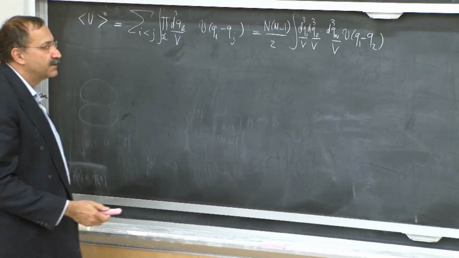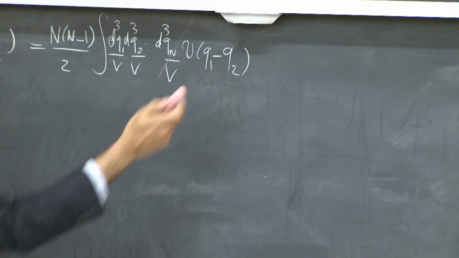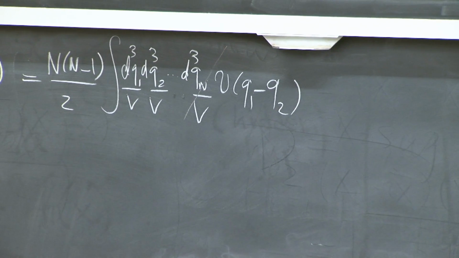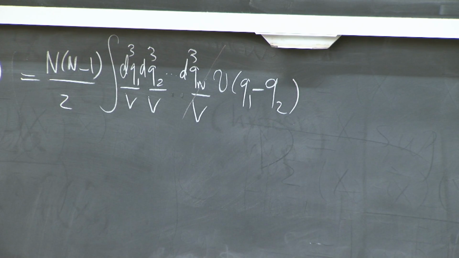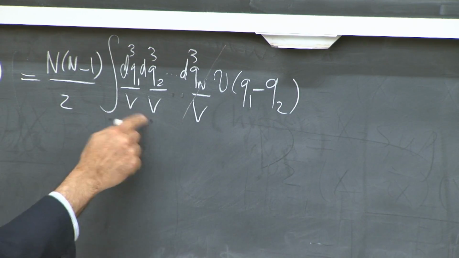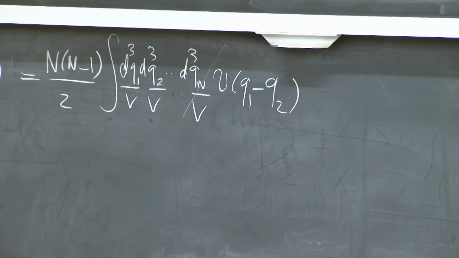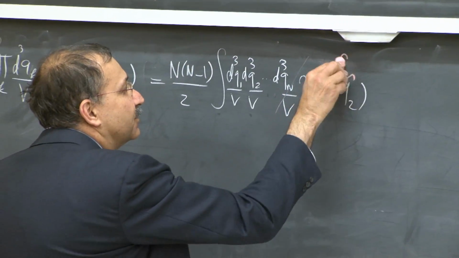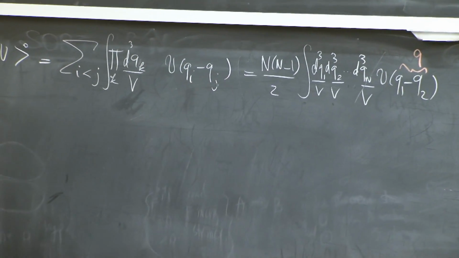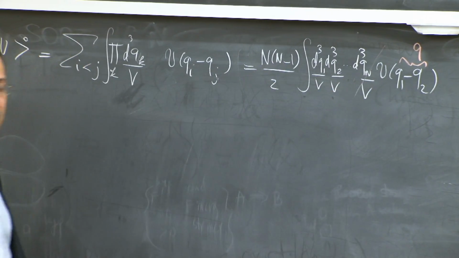Now over here, I have integrals over q3 up to qn, etc., that don't appear in the function that I'm integrating. So all of those integrals will give me factors of 1. And really, the only thing that I'm going to be left with is these 2 integrals over q1 and q2. But even then, the function that I'm integrating is only a function of the relative coordinate that I can call q. And then I can, if I want, integrate over q1 and q.